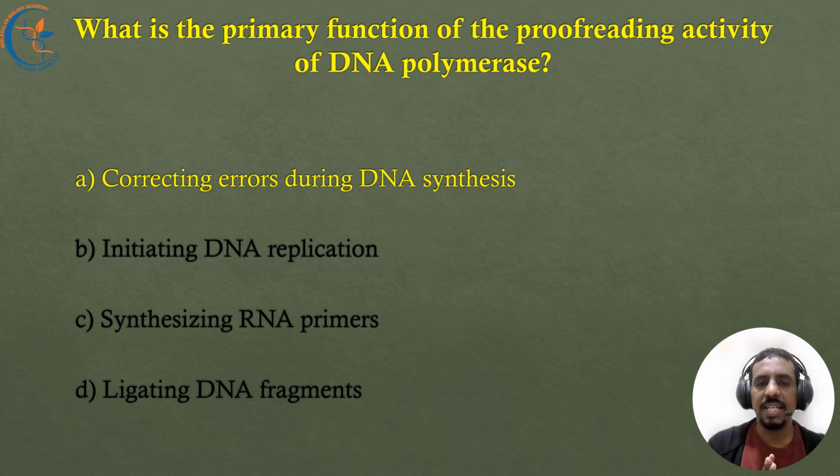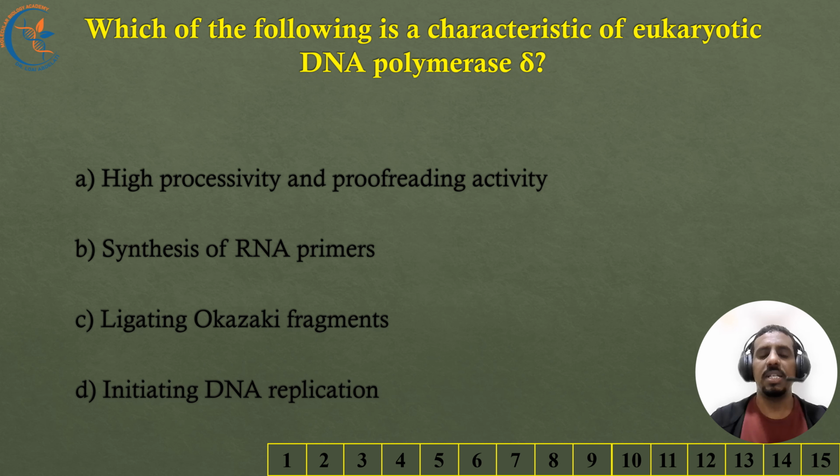The proofreading activity of DNA polymerase corrects errors by removing mismatched nucleotides and ensuring accurate DNA synthesis. All right, let's move on. Okay, next question. Which of the following is the characteristic of eukaryotic DNA polymerase delta?